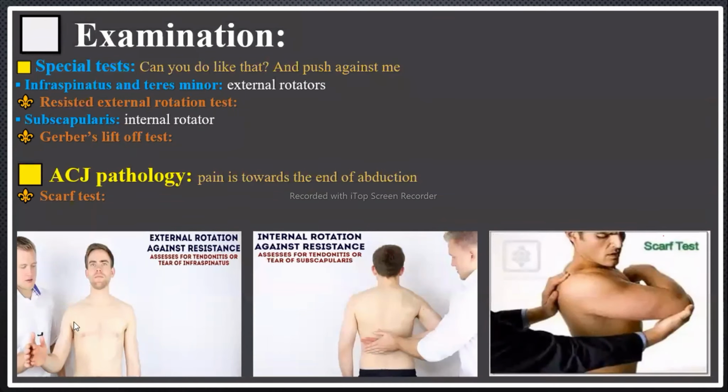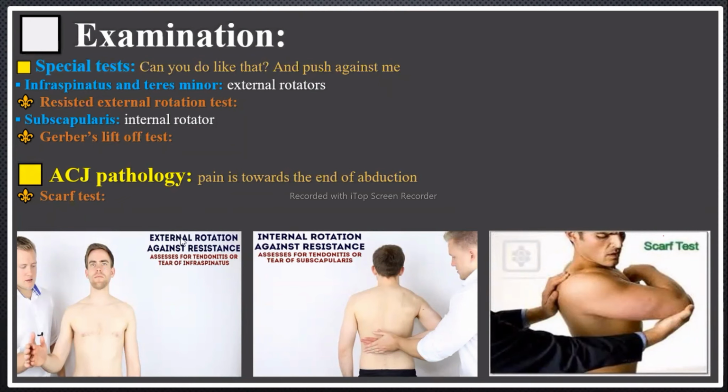So here, what is this test for? You will ask the patient to do external rotation, which means away from the midline, so you push inward.